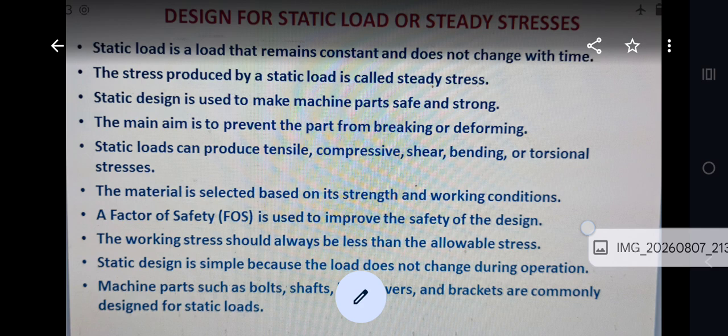Then what is meant by factor of safety? Now we come to a very important concept, factor of safety. Students, in real machines, the actual load may not always be exactly what we calculated. That will vary.